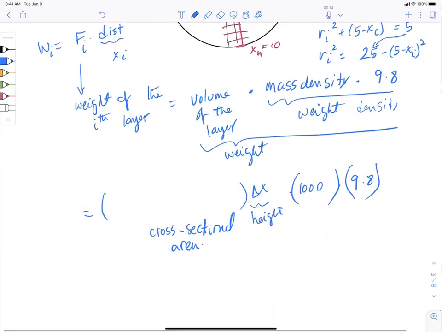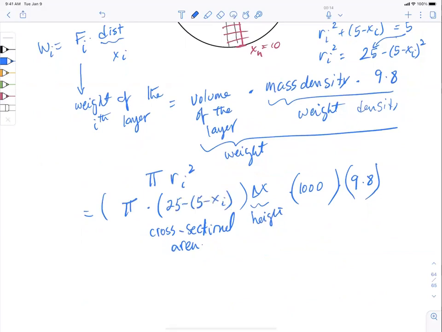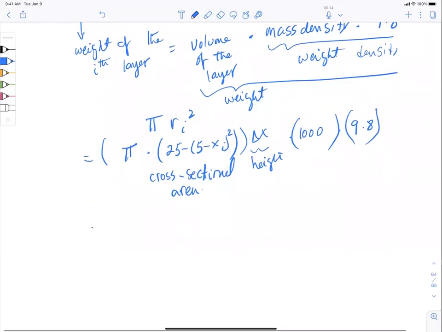And remember, the cross-section area is pi r squared. This is going to be pi times ri squared, which is 25 minus (5 minus xi) squared. Okay, that can be cleaned up a bit, actually a lot.